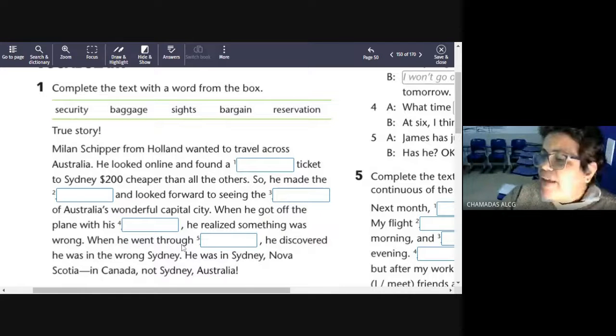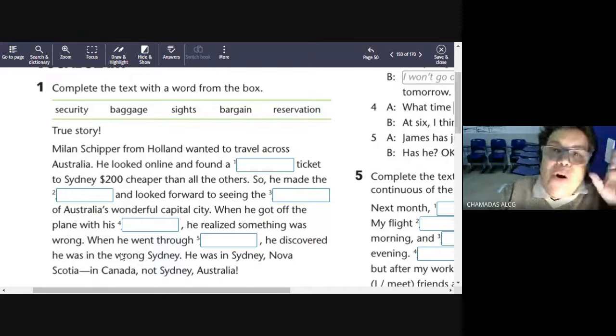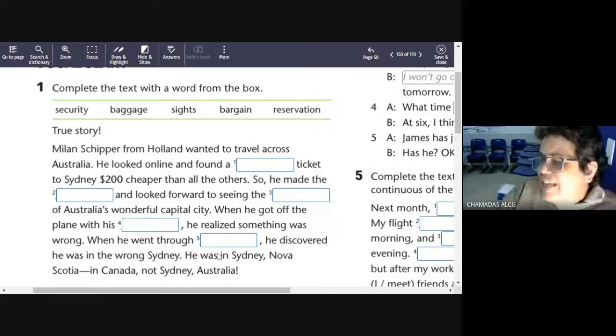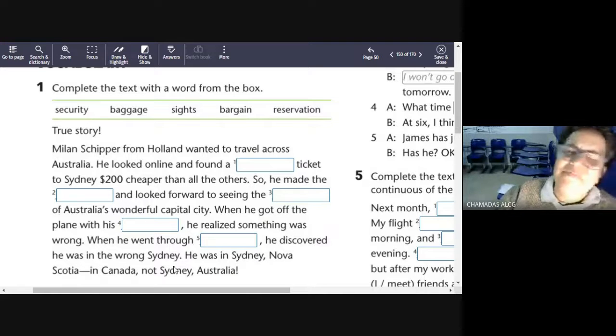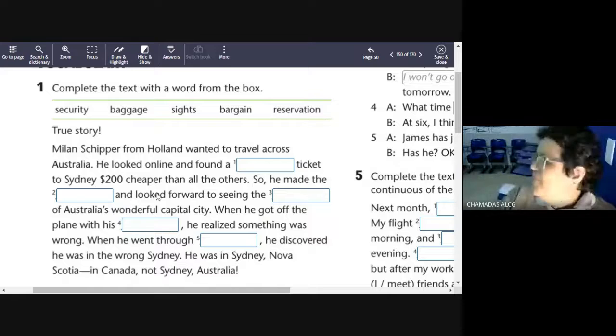When he went through security, he discovered he was in the wrong Sydney. He was in Sydney, Nova Scotia, in Canada, not Sydney, Australia. So he was in the wrong city.